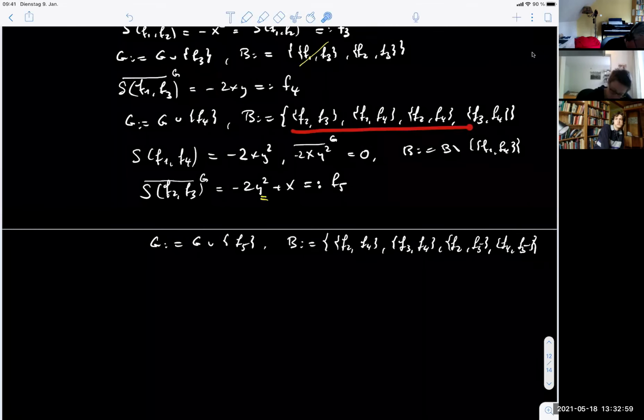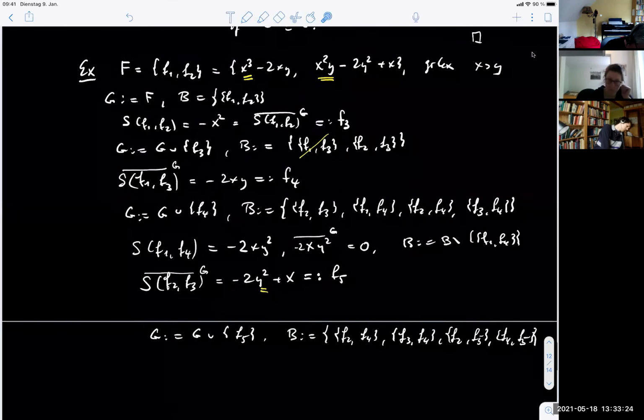Here was my B. The f1, f4 was removed. So it remains, and the f2, f3 is removed now. So what I have is f2, f4, f3, f4, and then I add it. I added the pairs with f5, but I only added f2, f5, and f4, f5. But there are more f's.